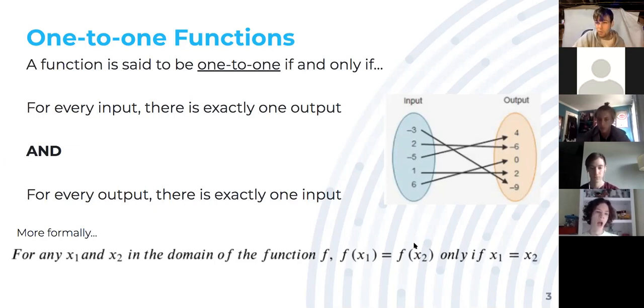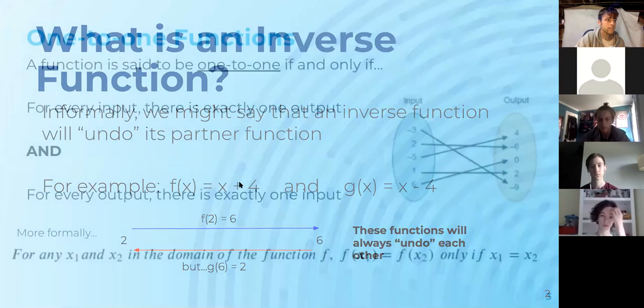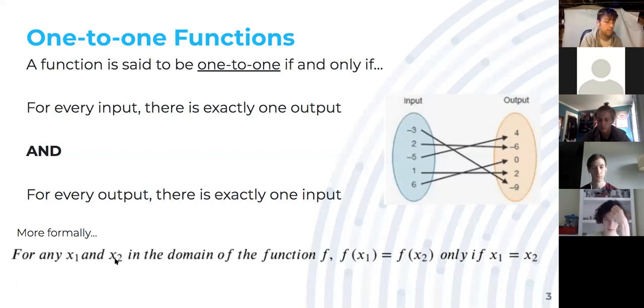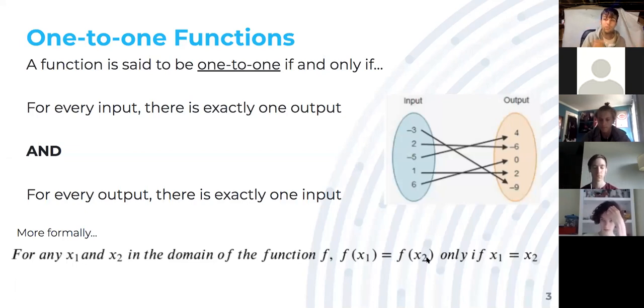Now, formally and in strict mathematical language, we might say something like what's written down here at the bottom. For any x1 and x2, those are just generic, different x values in the domain, if f of x1 is equal to f of x2, that can only be true if x1 and x2 are the same.